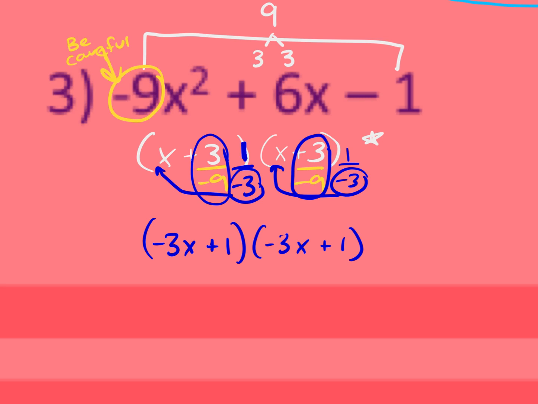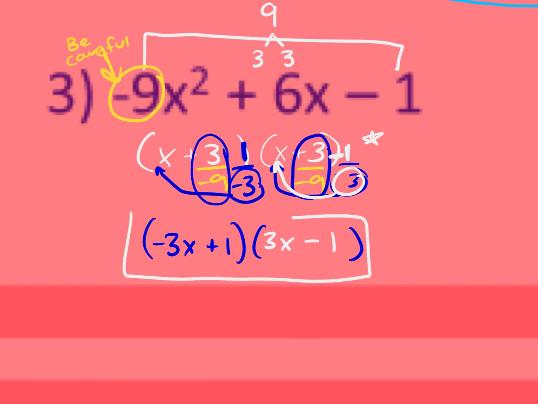We're going to keep the negative on top with the 1 and move the positive 3. So I'm going to make it negative 1 over 3. Then the 3 is going to move in front, so it'll be 3x minus 1. Now when we FOIL it back out, we'll end up with our original question.